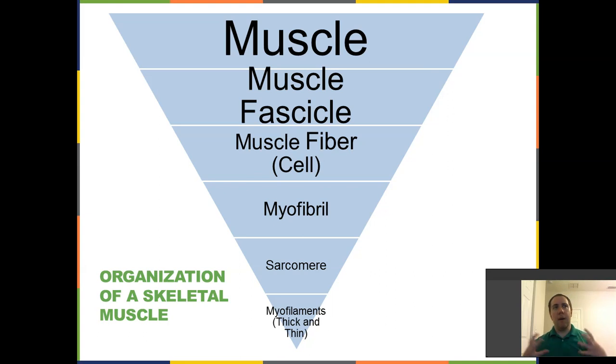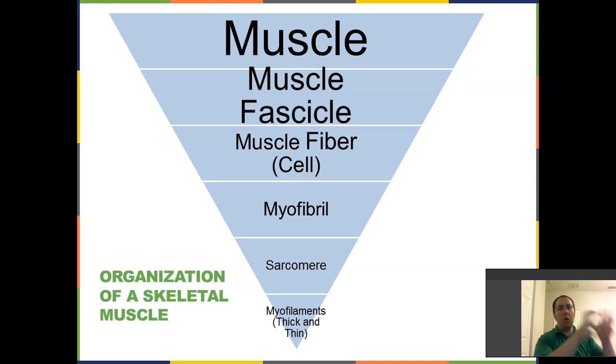When we talk about muscle tissue, we're going to talk about it on a number of different levels. A muscle is not the same thing throughout. It is actually a bundle of bundles of bundles. I realize that sounds odd, but you'll see that there are a lot of different levels you can look at.